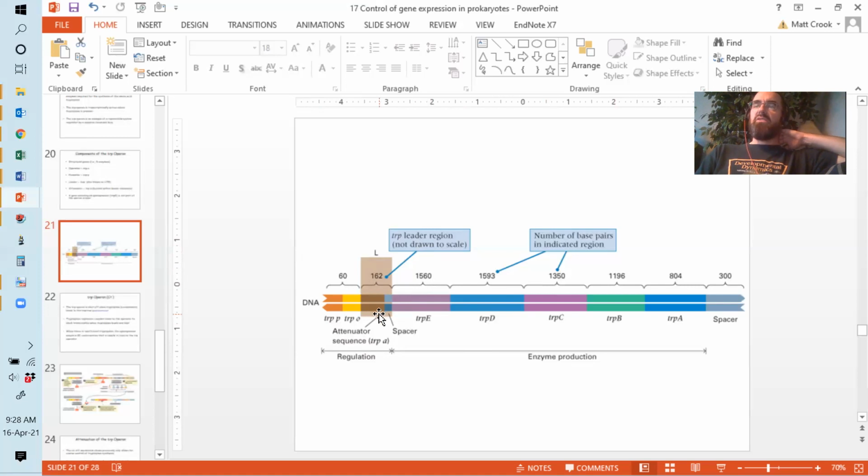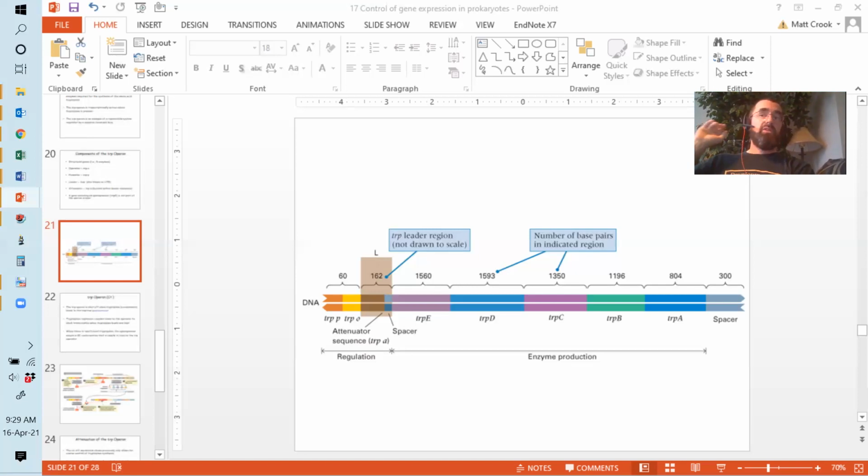And so this leader region consists of a small bit of mRNA that encodes a small, what I would call dummy polypeptide. This polypeptide isn't used for anything other than the regulation of the TRP operon.